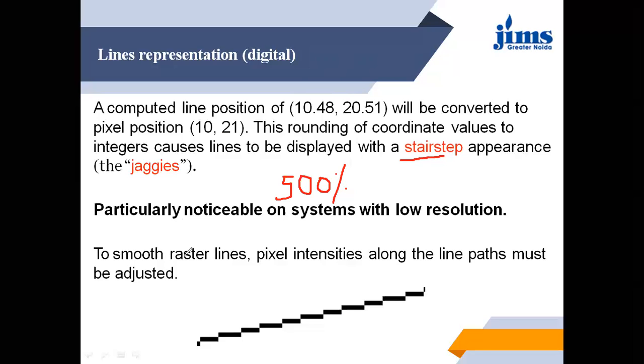To smooth raster lines, pixel intensity along the line path must be adjusted. So this is the problem in digital as well as in analog representation.